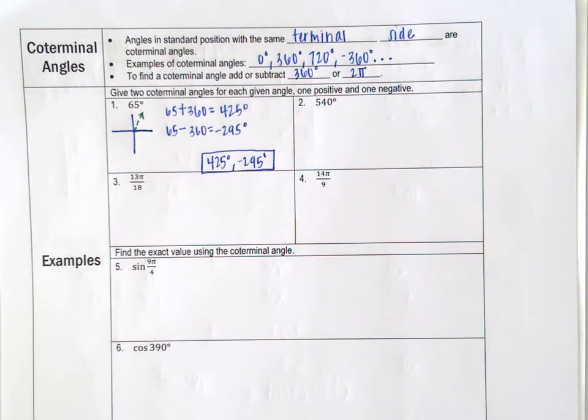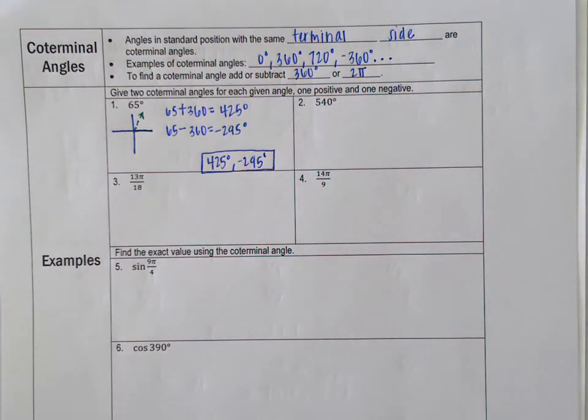Okay, so what I want you to do is try number 2, one positive, one negative. This one's a little bit different, but you can try it, or if you want to see me do it, you can just wait and I'll do it right now. Okay, so 540, we know that's bigger than 360.